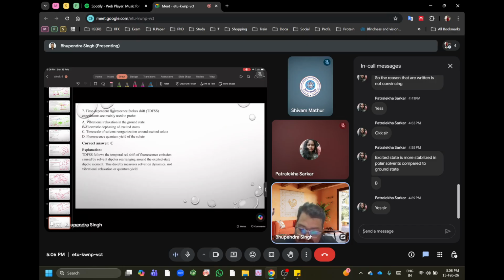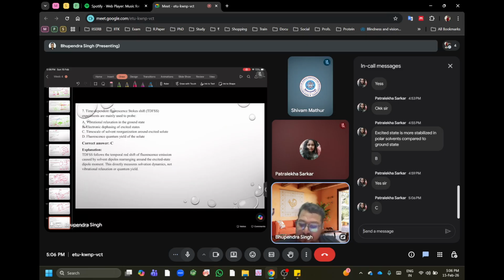So time dependent fluorescence Stokes shift experiments are mainly used to probe what? As I've already explained, I am measuring the water dynamics. So which one is the correct answer? Vibrational relaxation in the ground state? No, because this is time dependent fluorescence Stokes shift, which means we are talking about excited state phenomena. So vibrational relaxation in the ground state doesn't make any sense.